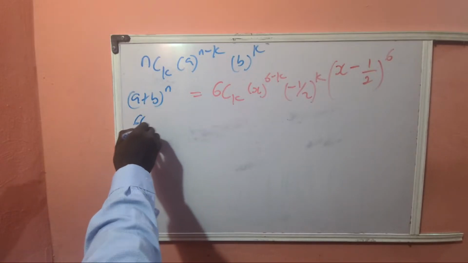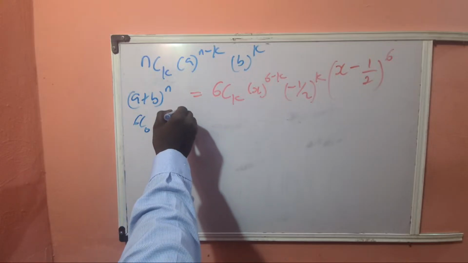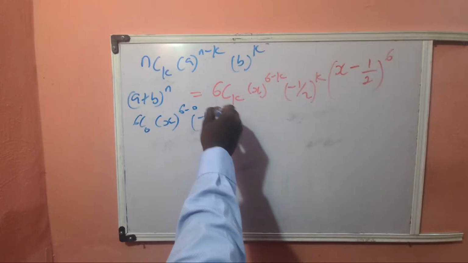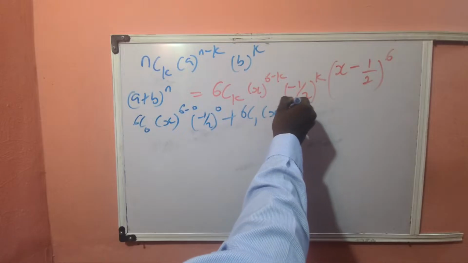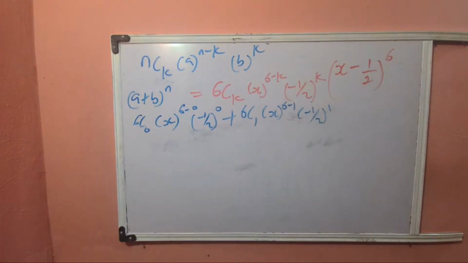6 combination 0, x raised to the power of 6 minus 0, minus 1 over 2 raised to the power of 0, plus 6 combination 1, x raised to the power of 6 minus 1, minus 1 over 2 raised to the power 1. Of course, I'm not going to complete this.